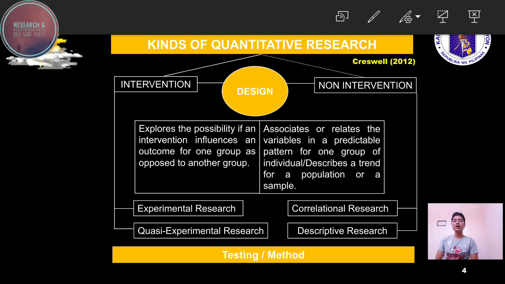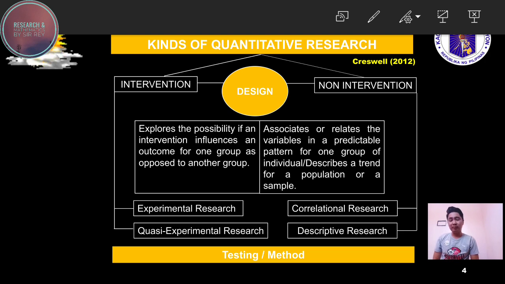Now, where do they differ? So as you can see in the figure, experimental and quasi-experimental research are connected to intervention, while the other two, correlational and descriptive, are connected to non-intervention. What does this mean?